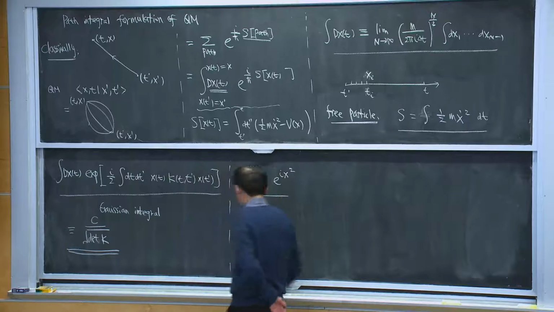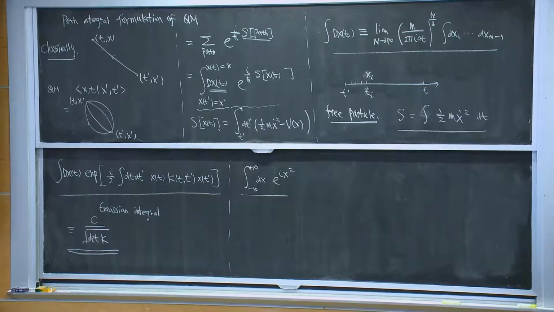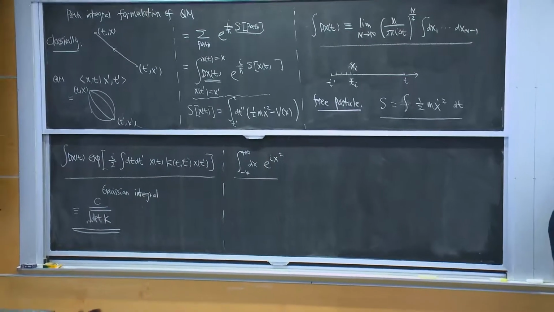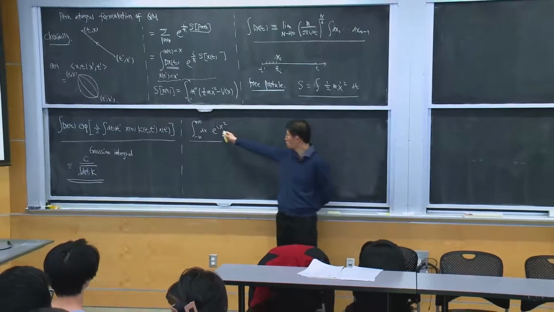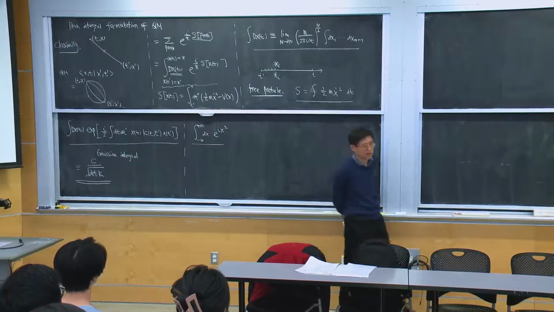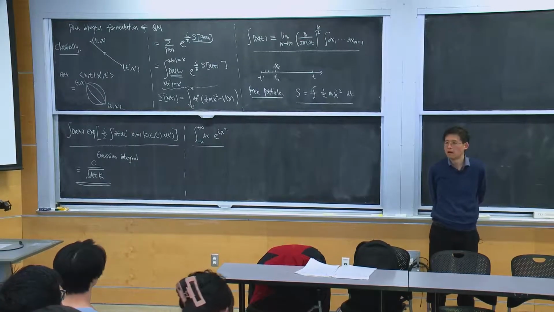We know how to do this integral. It's the same as this one. You have to do a little bit of a mathematical trick to do this integral, but this integral is defined. We can give it a value. Other questions?